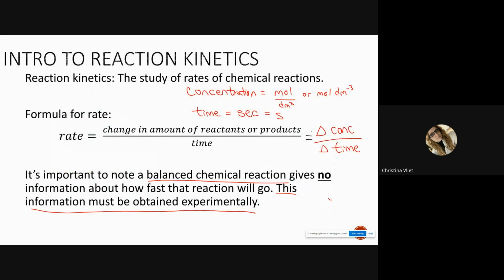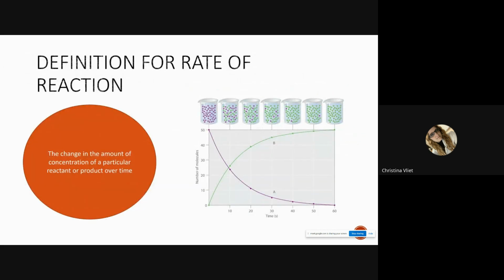All right, so rate of reaction. If you take a look here, the definition that you should memorize is in the box. This is the definition for rate when they say define: it's the change in the amount of concentration of a particular reactant or product over time. Take a look at this graph.